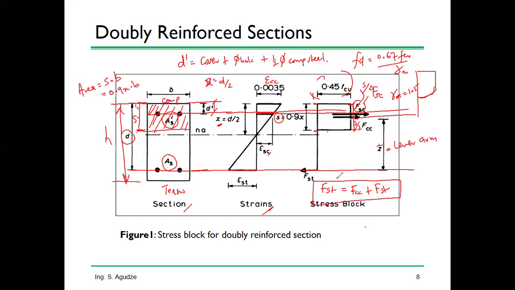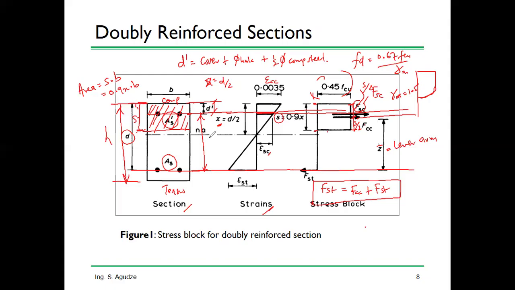Now, let us remember that the distance between the steel in tension and the steel in compression is from here all the way to here. And that's very simple.